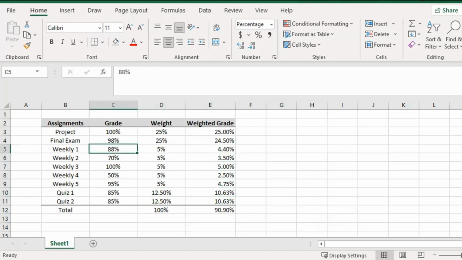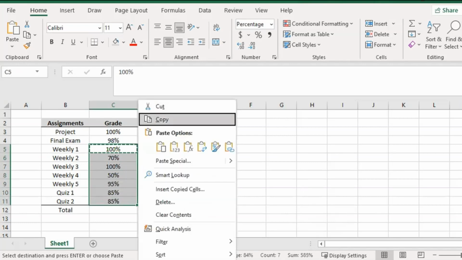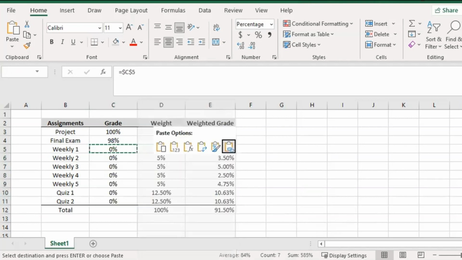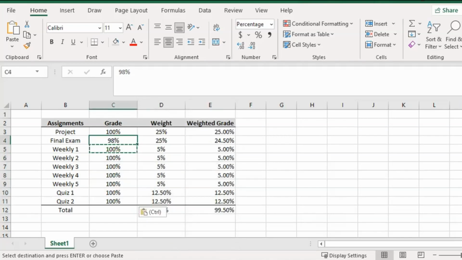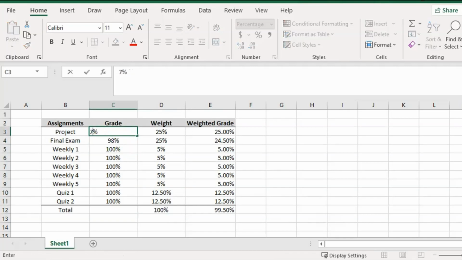All right. So let's say now that we do a scenario where we ace everything in our course. Whoops, I want to do paste values. And let's say we fail our project because we cheated our way through our exams.